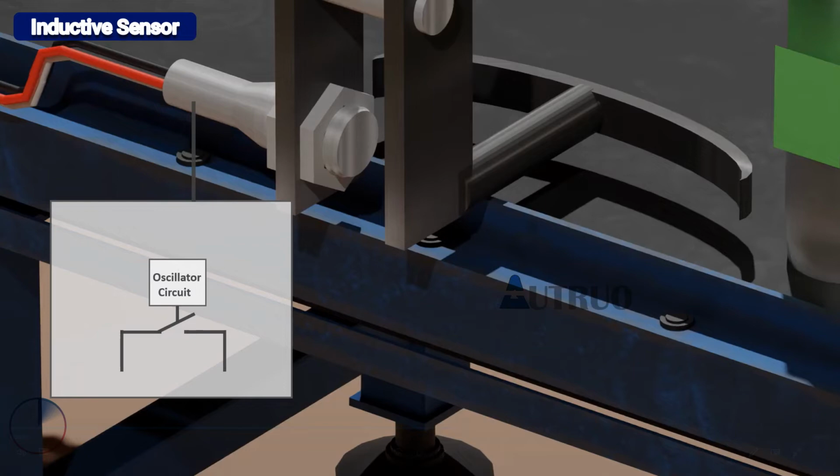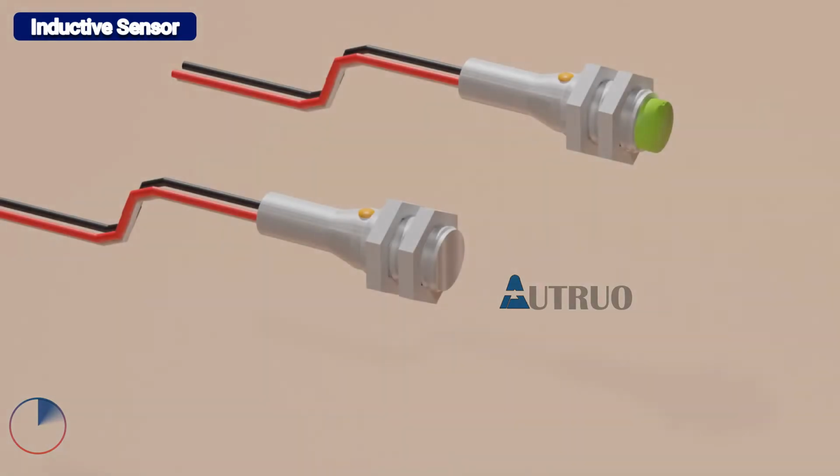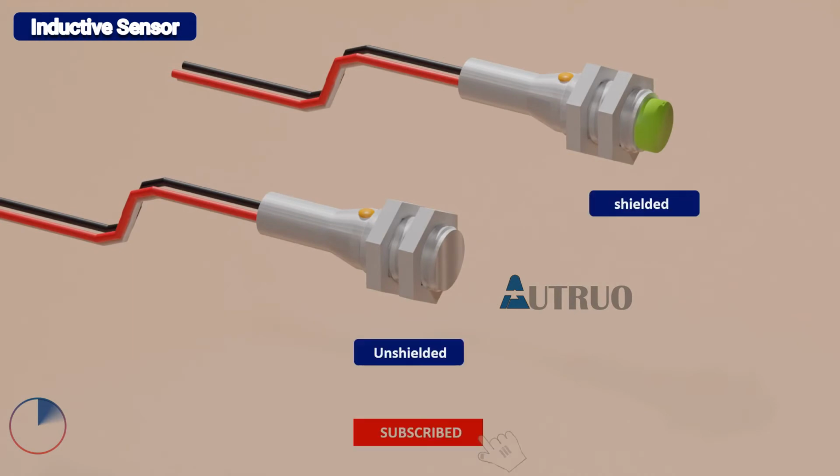Inductive sensors are divided into parts, which are the sensor body, sensing face, the indicator light, and the cabling point. The sensing face comes in two forms, which are shielded and unshielded.